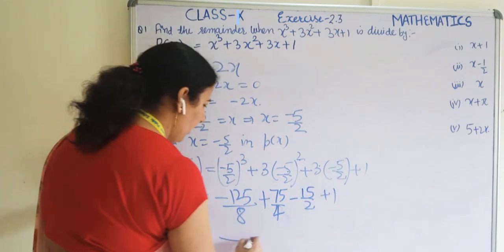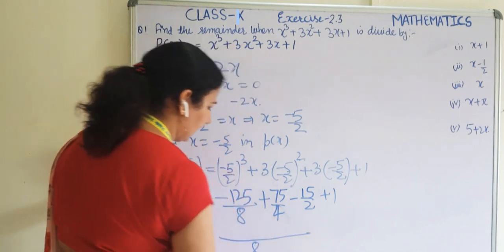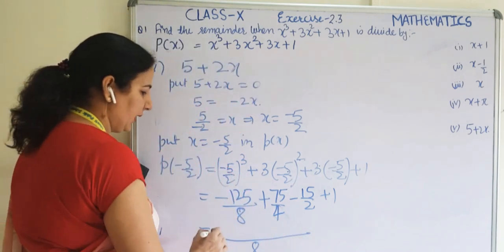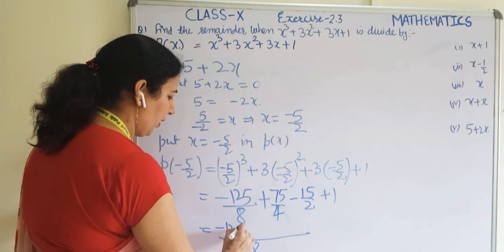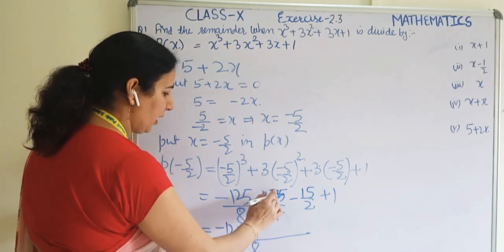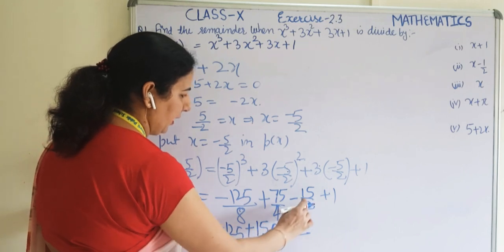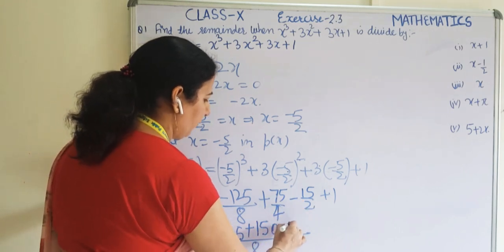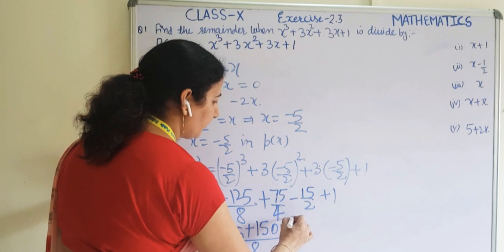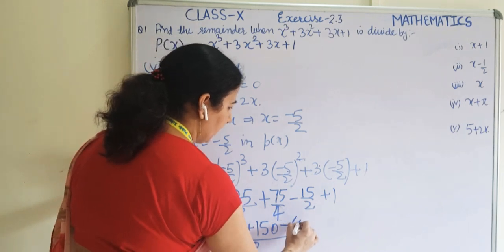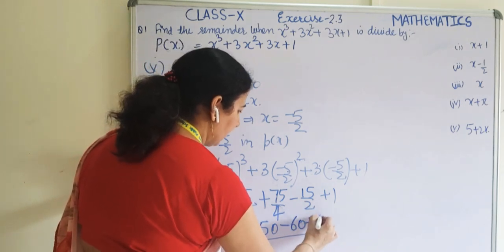Then minus 3 fives are 15 upon 2 plus 1. How will we solve? We have to take the LCM. LCM is 8. Minus 125. 4 twos are 8, so we multiply by 2, it will be 150. 2 fours are 8, so we multiply by 4, then it will be 60. Then plus 8.